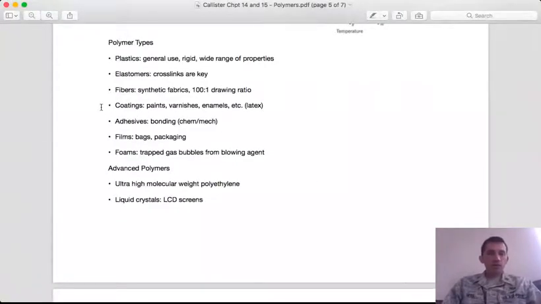And the tailorability of the chemistry makes them appropriate for a wide range of uses. We already saw elastomers here are a category, right? If we want a lot of elongation, you can pick that.